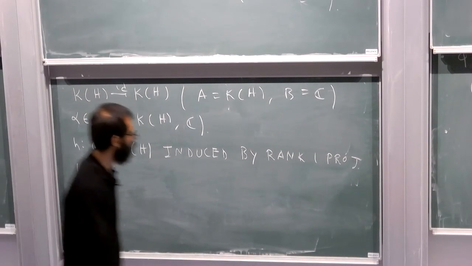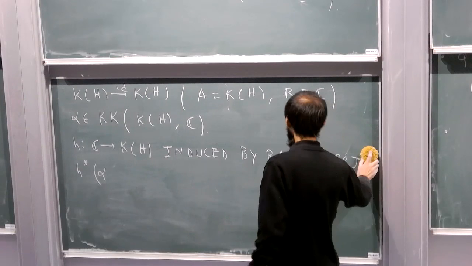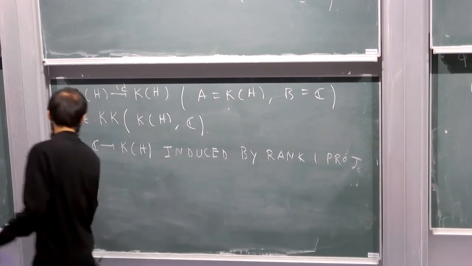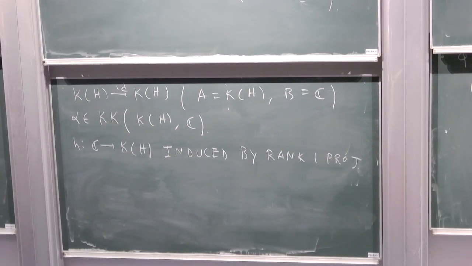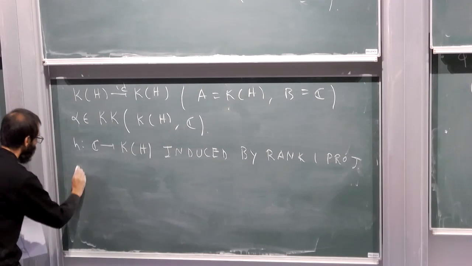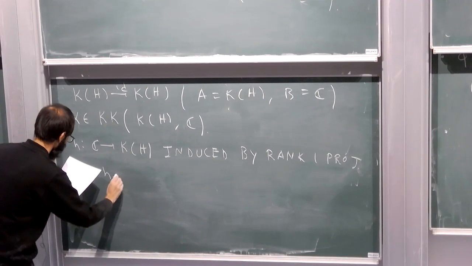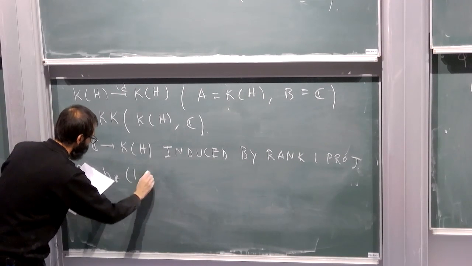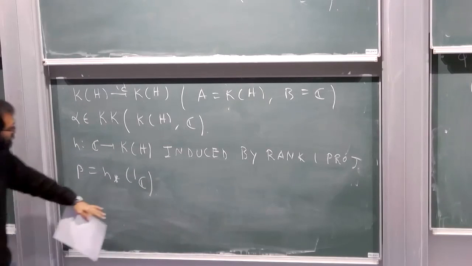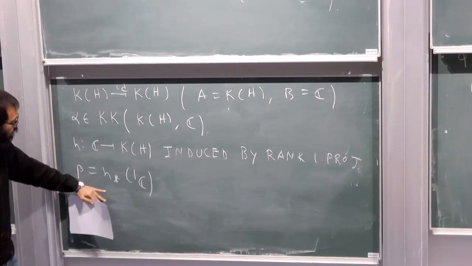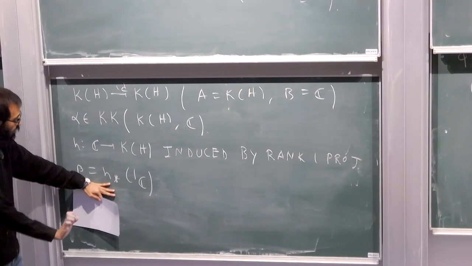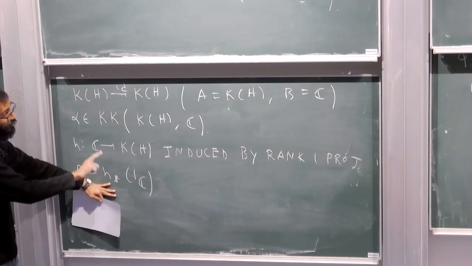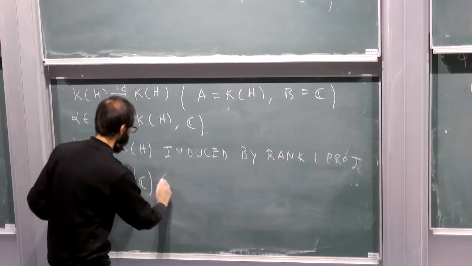okay, I just skip it and say what the beta is. Take beta to be the identity in KK of C comma C, and if you push it forward through this morphism, you get KK of C comma KH.